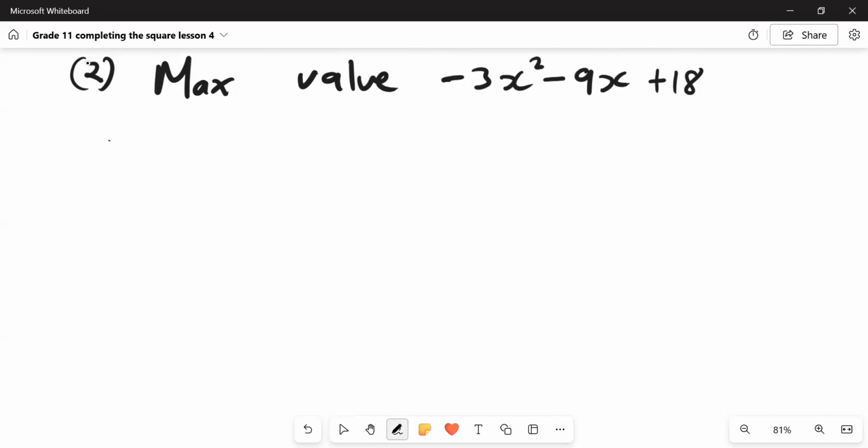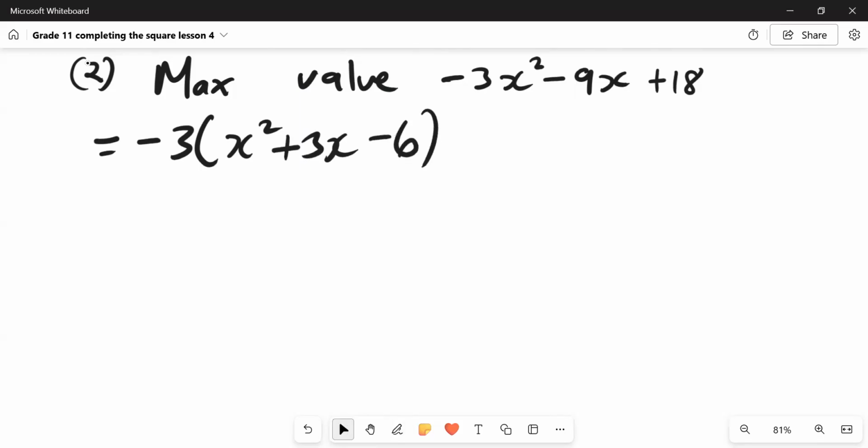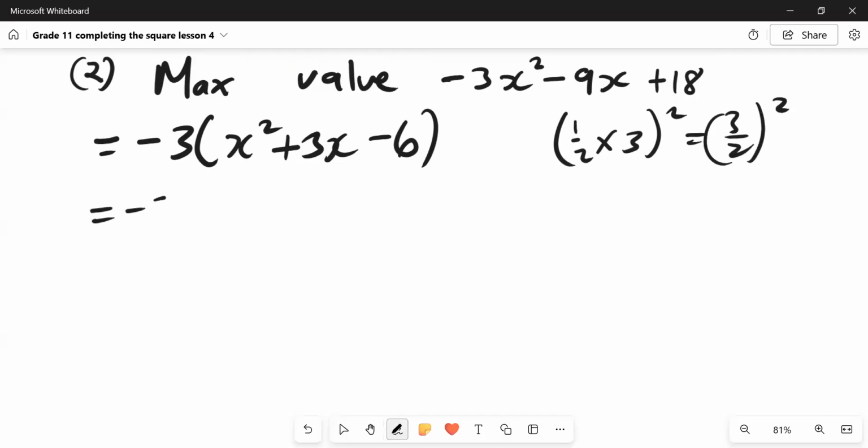So let's do that. The first step here, you take out the common factor as I've explained earlier on. So now you'll be left with x squared plus 3x minus 6, right? And then introduce half. That's 1 over 2 times 3 all squared. And this will give us 3 over 2 all squared. Now you have your x squared plus 3x.